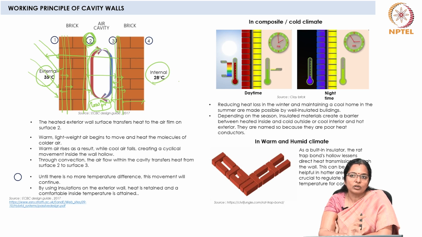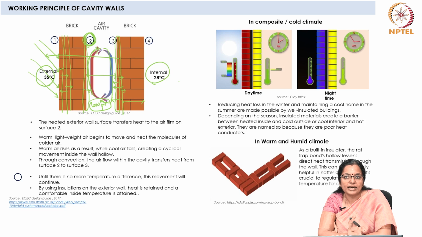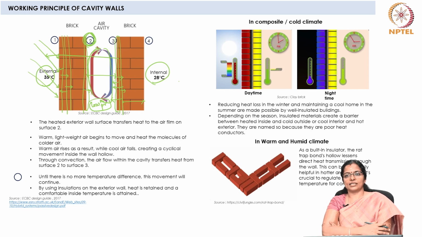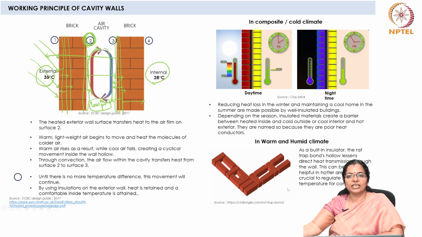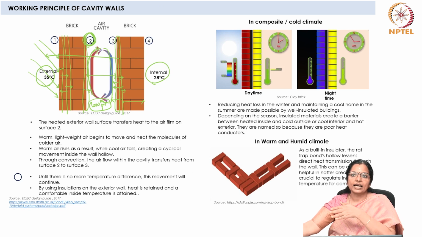So, depending on the season, the insulated materials create a barrier between heated inside and cold outside, or cool interior and hot exterior. They are named so because they are poor heat conductors. As a built-in insulator, the rat trap bond's hollow lowers the direct heat transmission through the wall.